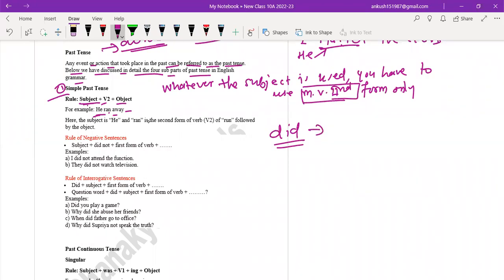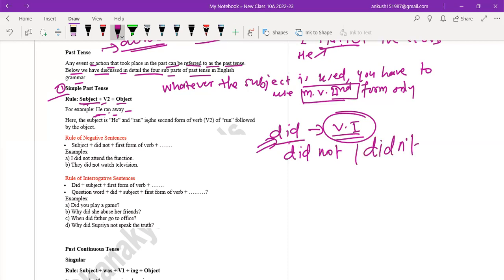Whenever you use did in any sentence, please use V1 with it, because the past tense is already used with did, and because of the use of did, we need to use V1. V1 in the sense verb first form. And if you want to make it negative, so did not or didn't. These two words you can use over there.